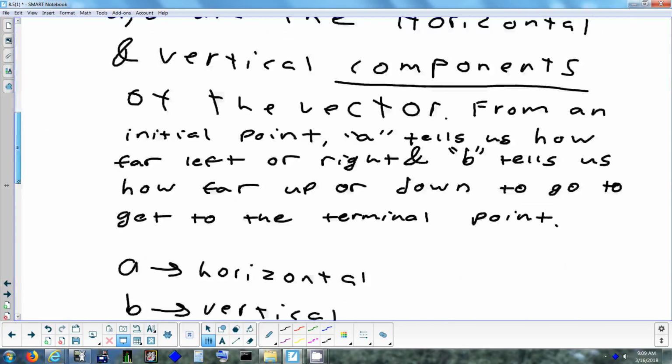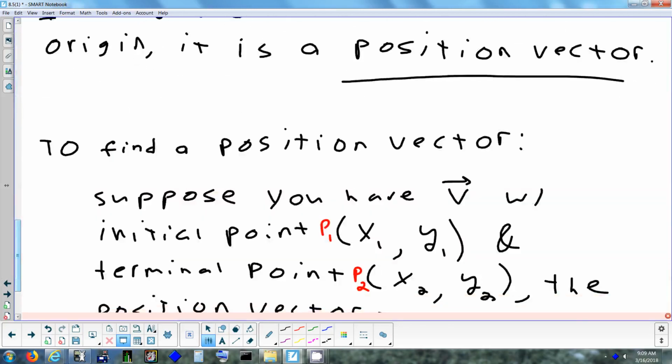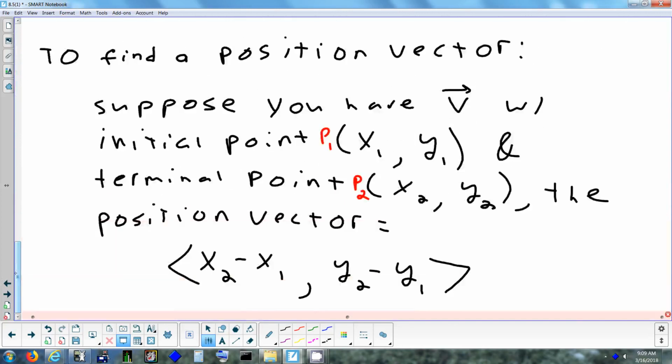And that's the last thing. I'll just write that as a formula. So if you have an initial point and a terminal point, to find the position vector, subtract the x's, again, terminal minus initial, and subtract the y's, terminal minus initial.